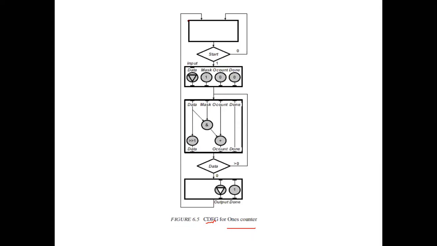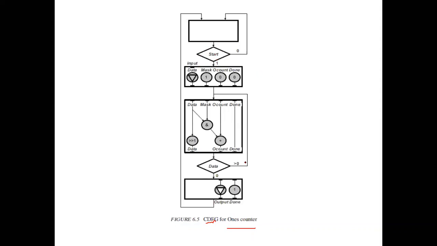These rectangles we call basic blocks, BB. In a basic block we write normal operations, that means whatever action has to be done will be written inside the basic block. And the decision box is used to check for conditions.